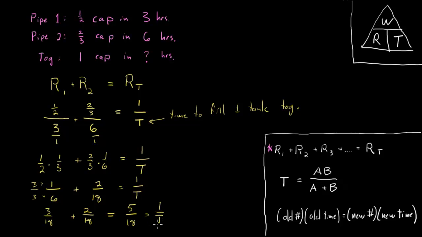So we're almost there. We don't want 1 over t, we want just t. But we can now just flip both sides of this equation. If both sides of an equation are just a single fraction, you can take the reciprocal of both sides. So if I take the reciprocal of both sides, I get 18 over 5 equals t, which is what we're looking for, right? We said that t is how long it would take to fill one tank.